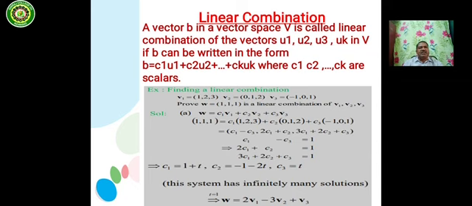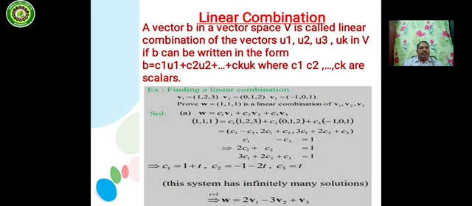Then this expression is called a linear combination of the vectors u1, u2, up to uk. If such scalar values c1, c2, up to ck exist, then we say that b is a linear combination of the vectors u1, u2, up to uk.